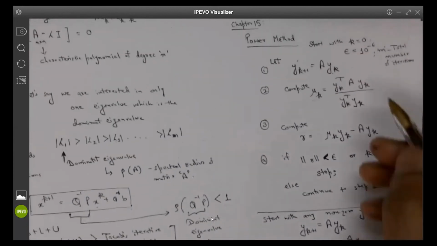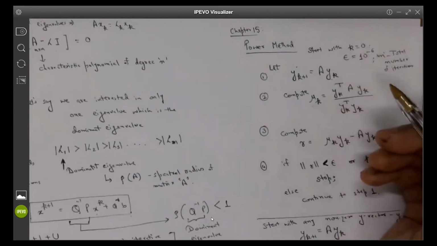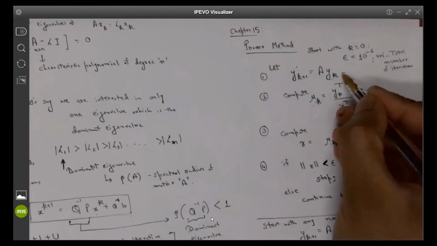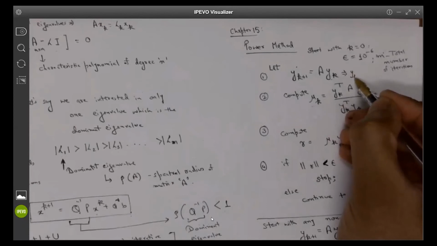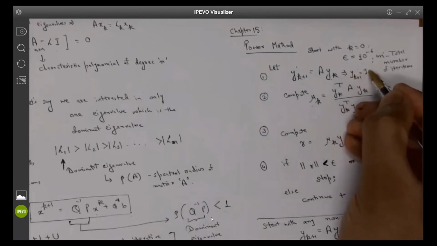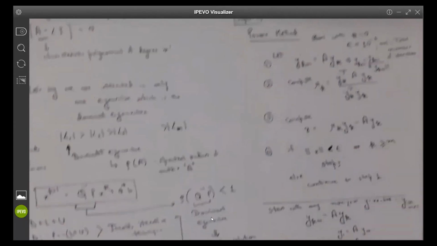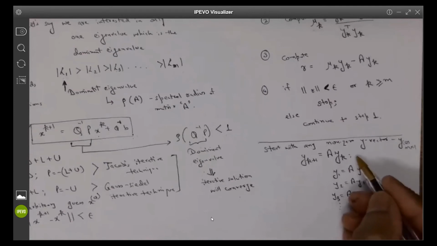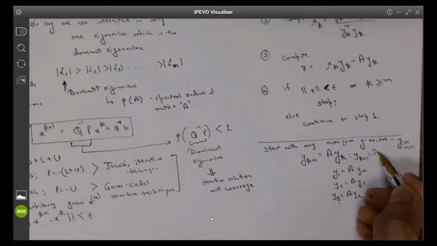One thing that I'm missing here is that y(k+1) is equal to y(k+1) divided by the norm of y(k+1).